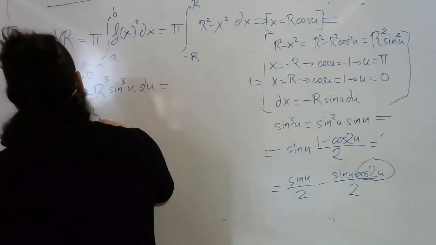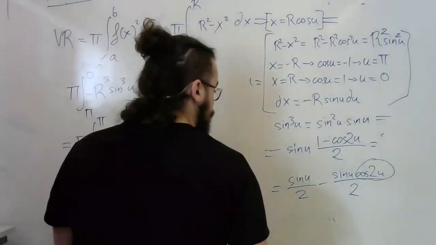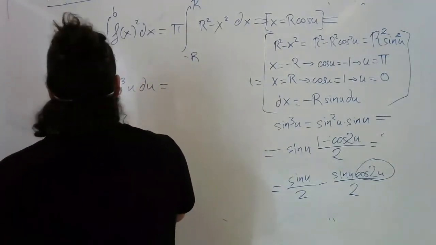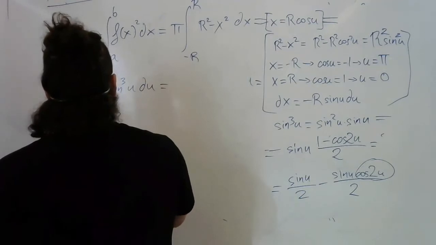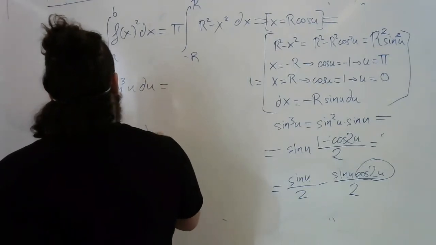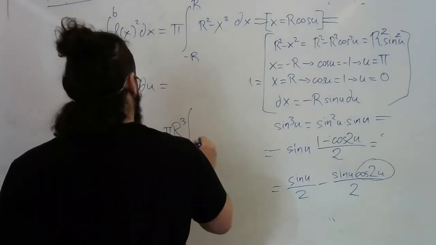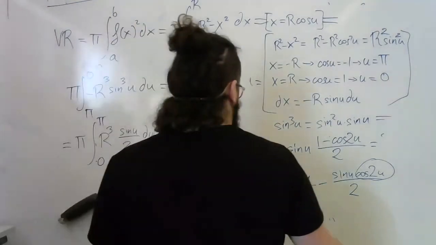From 0 to pi of r cube sine u divided by 2 differential of u minus pi r cube, this thing right here.